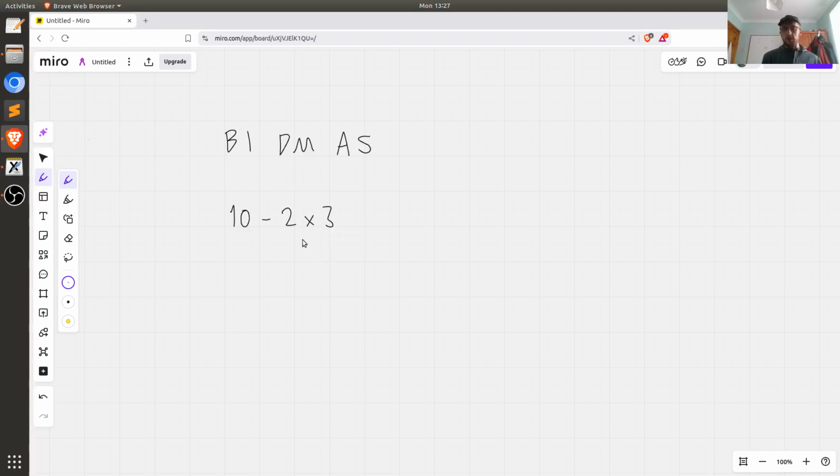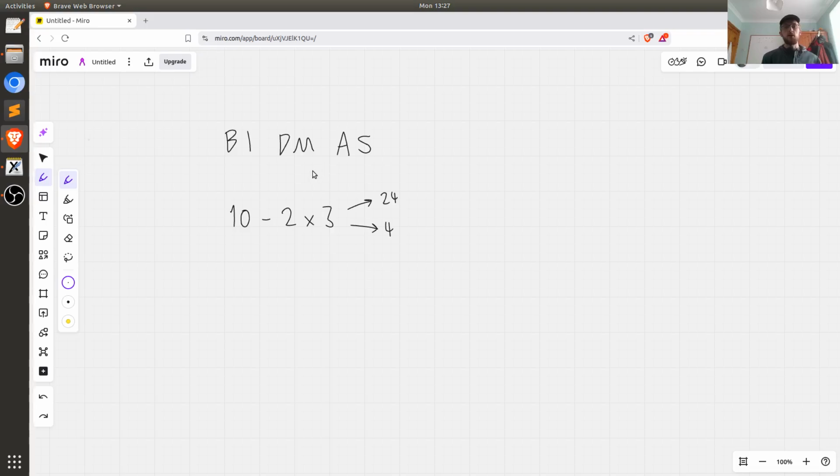But if they were to do the multiplication first, 2 times 3, giving us 6, then they would do 10 take 6, which is 4. 24 and 4. This would be disastrous if we weren't all clear how to come to a definite answer about this problem. So that's why BIDMAS exists.